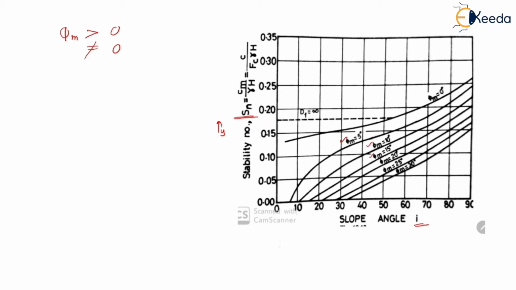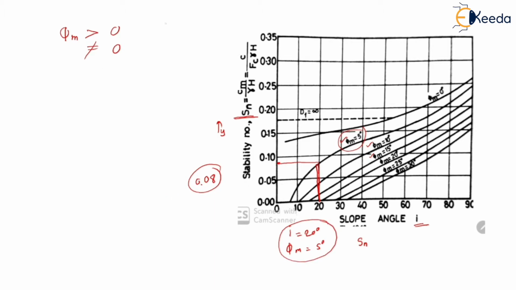Suppose we want to find the stability number for slope angle i equal to 20 degrees and phi m equal to 5 degrees. We will draw an offset from 20 towards the curve indicating phi m equal to 5 degrees, and then the horizontal offset will intersect, suppose, at 0.08. Then this will be the stability number for this value.